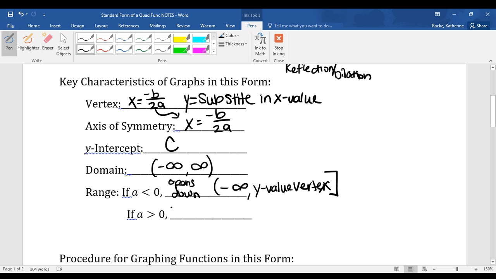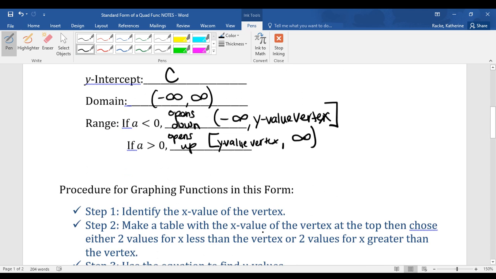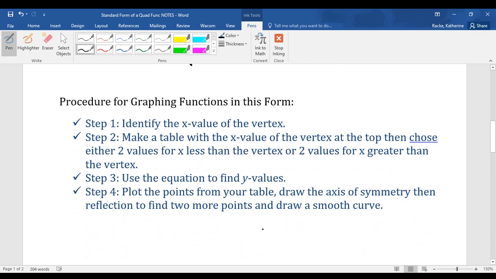If a is greater than 0, it opens up. And now it's just the other way, the y value of the vertex to infinity, with a parenthesis, okay?